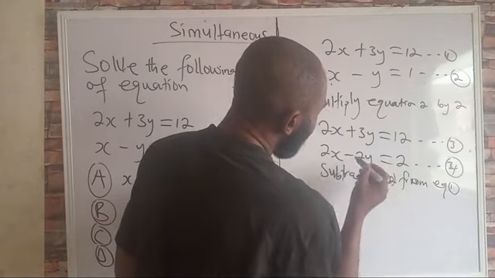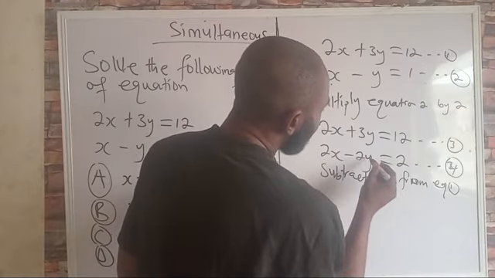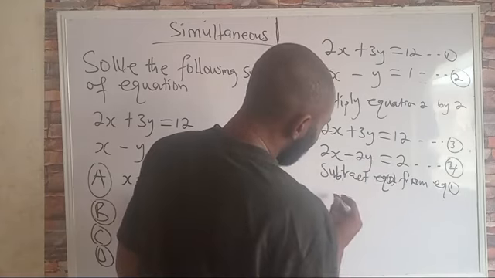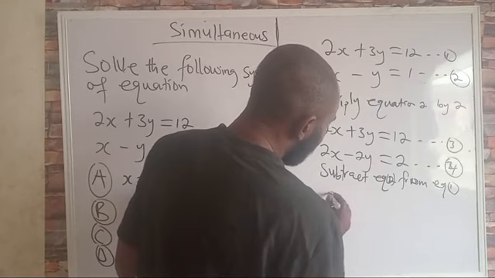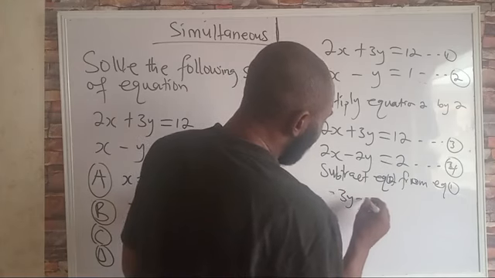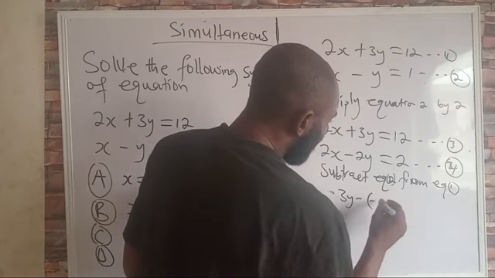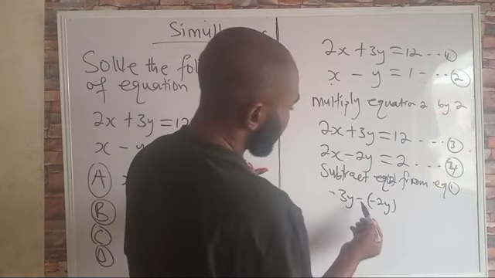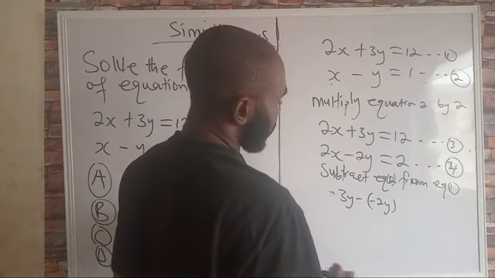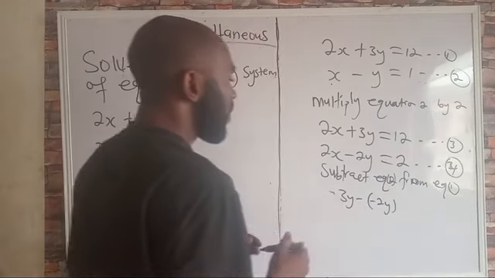Then 3y minus minus 2y, watch out, minus minus will change to plus, so this is 5y.